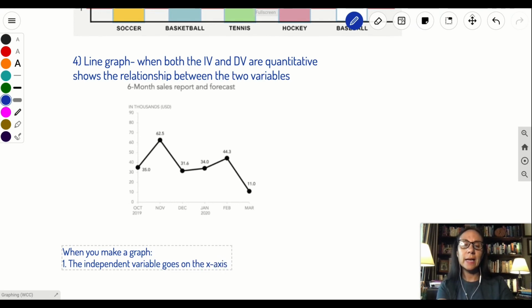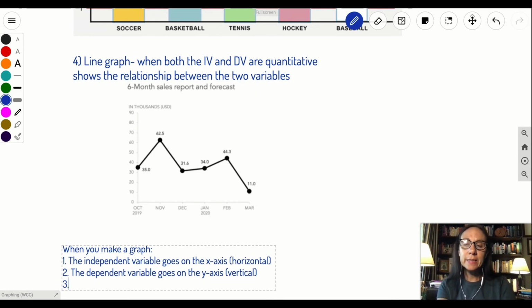Okay, and the x-axis is the one that goes straight across. So that's the horizontal line. Okay, and then on the vertical line that is called the y-axis, you put the dependent variable. Goes on the y-axis. This is the vertical line.